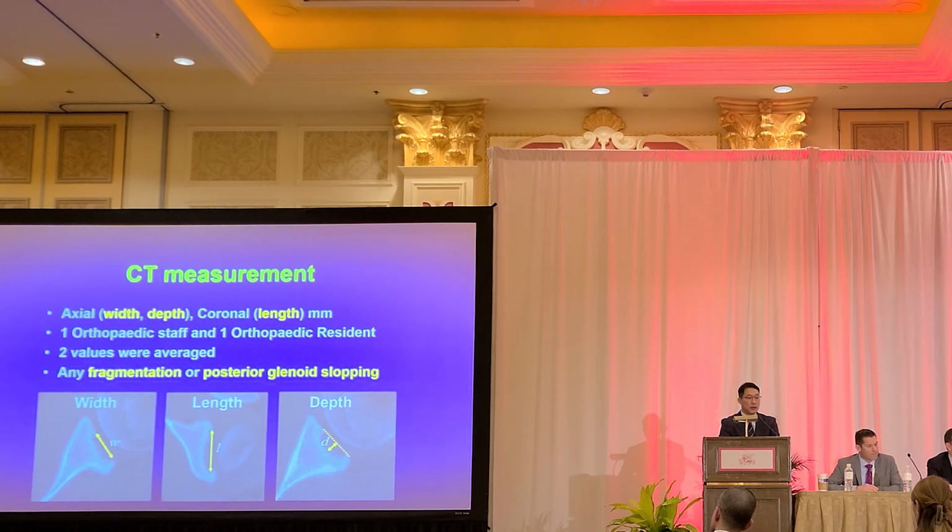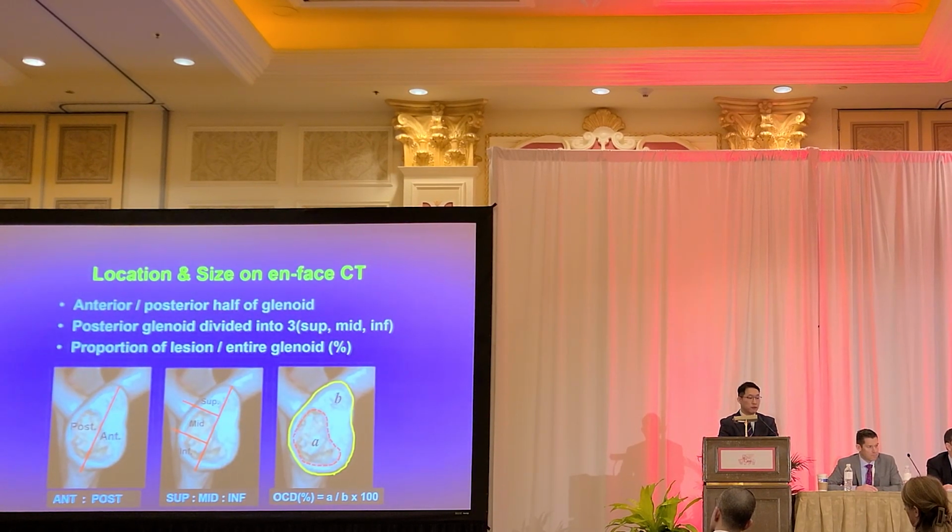We measured the region and evaluated the fragmentation or the posterior glenoid sloping. To classify the lesion, we divided the glenoid into anterior and posterior half, and the posterior glenoid was subdivided into three segments: superior, mid, and inferior.